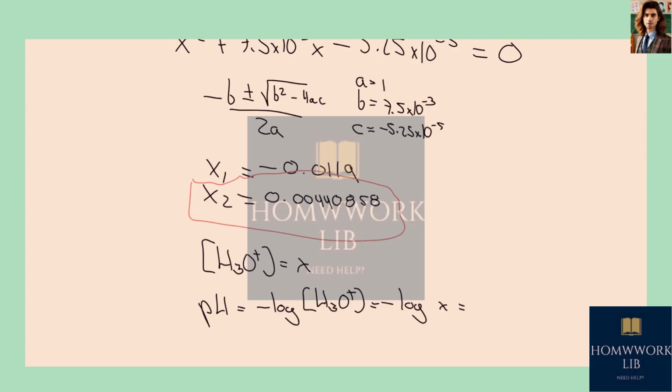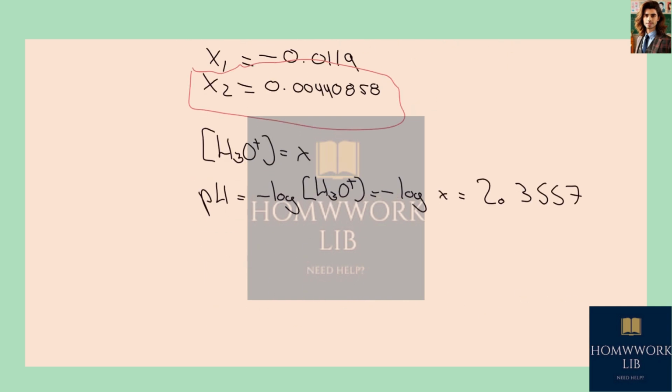So the logarithm of this value gives us 2.3557, which we can round up as a pH of approximately 2.4.